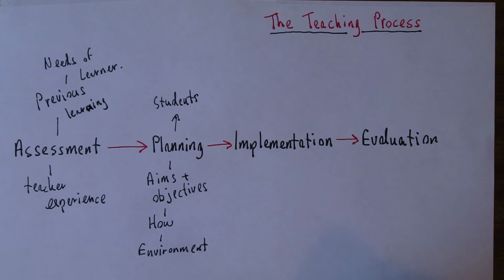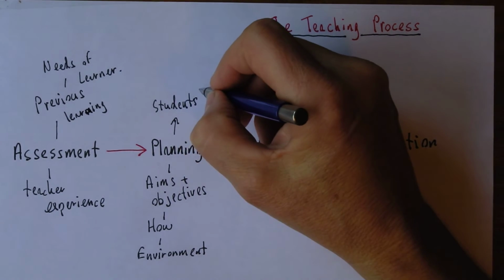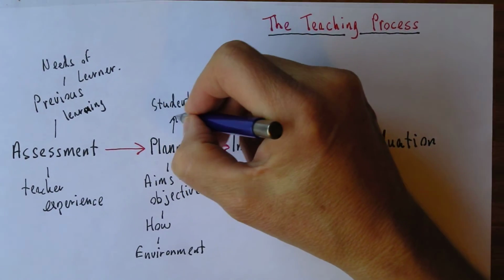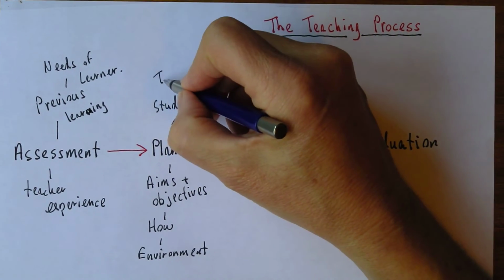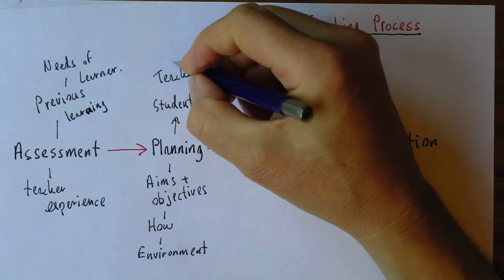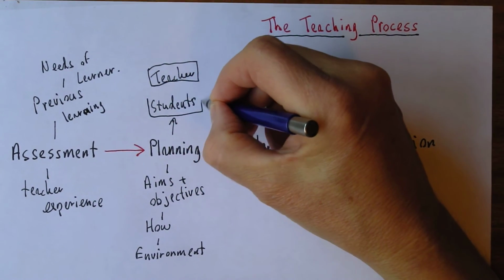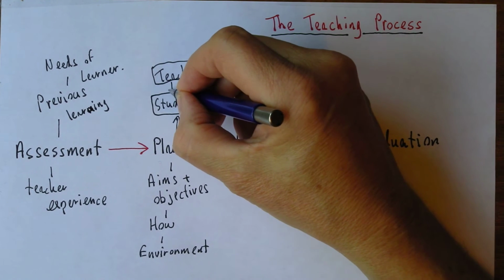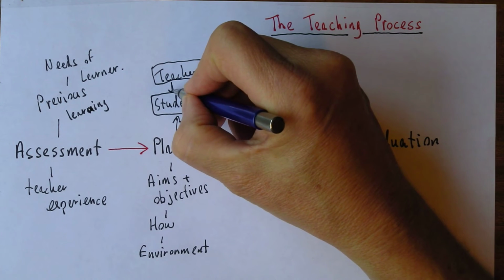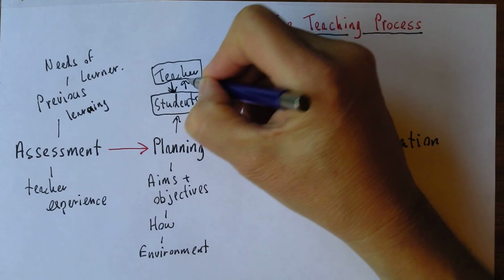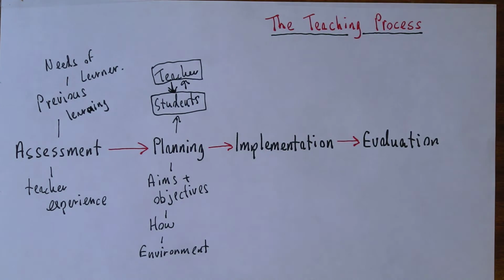Because the key thing in teaching very often is how we as the teacher, how we are relating to the students. Teaching is a very interpersonal activity, and how the students are relating to us.